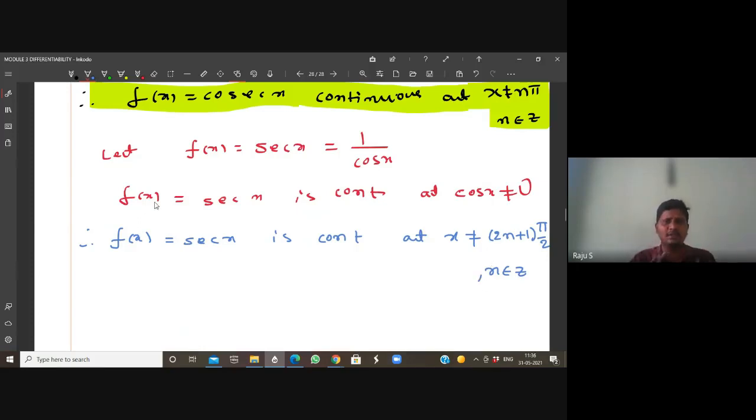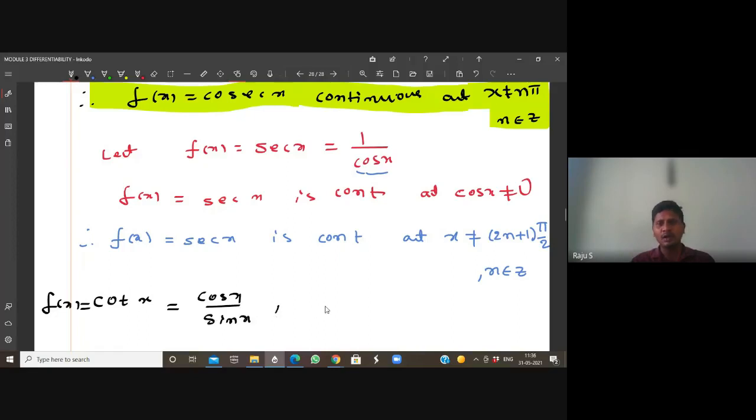This is enough. First you have to prove that here cos x is continuous. First you can take g of x as cos x, and you can prove that it is continuous. Then, in the same way, cot x. You can take f of x equal to cot x. Cot x can be written as cos x by sin x.